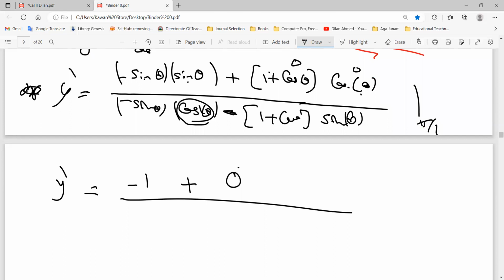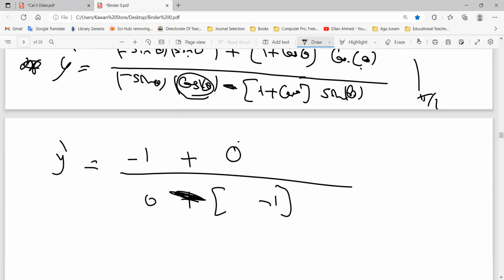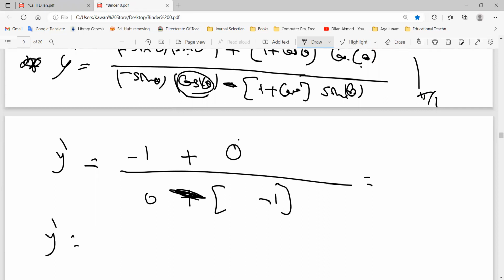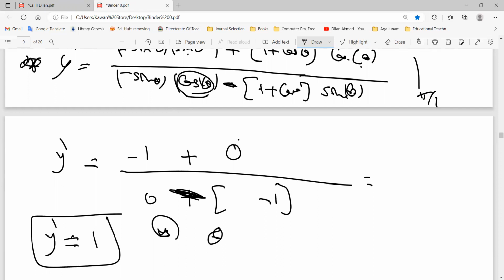Again, that cosine is 0, so I'll get 0, minus. That one is 0, but that one is 1. So 1 by 0 is 0, 1 by 1 is 1. Am I right? So I'll get y prime equal to 1. That will be the slope at theta equal to pi over 2.